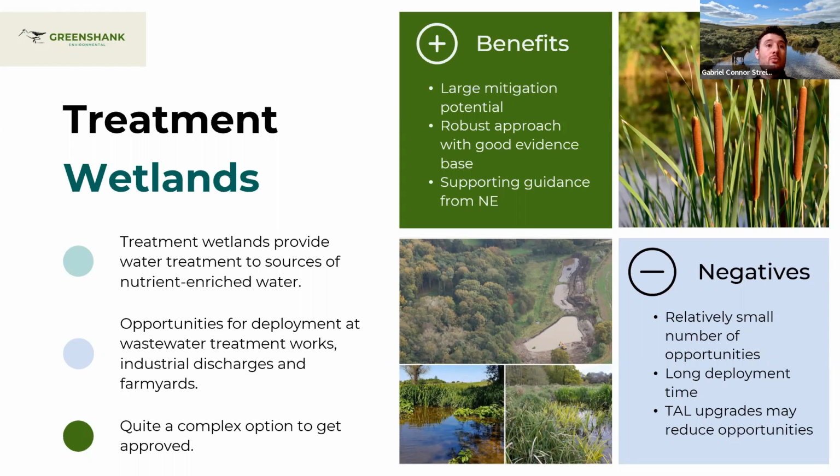That wetland guidance has different types of wetlands, and treatment wetlands are the ones that provide the most certainty in terms of the nutrient mitigation they can deliver. Those are deployed at high nutrient sources of water, at the end of what we call point sources, things like wastewater treatment works, industrial discharges, or potentially highly concentrated farmyard runoff, which can put a lot of nutrients into a wetland system.